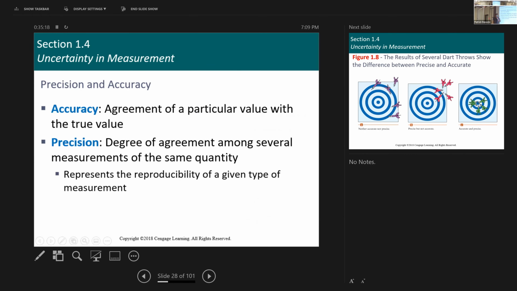Okay, so accuracy and precision. Accuracy is the closeness that you are to the true value that you seek. So let's say you have a 45-pound plate in the gym, right? That's 20.4 kilograms.